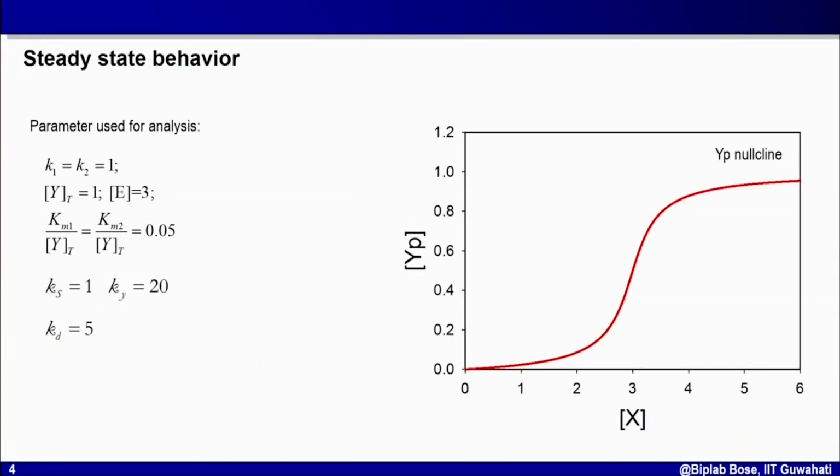So now I have two null clines, and I will plot these null clines on the phase plane of x versus yp and try to find out where they intersect, because the point of intersection will be my steady state. Let us do that. I have plotted first the yp null cline. If you remember, I just said that from the yp null cline's equation, x versus yp will have sigmoidal behavior. So I have a sigmoid behavior here.